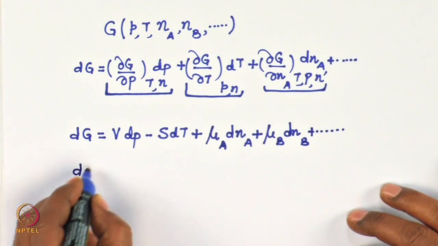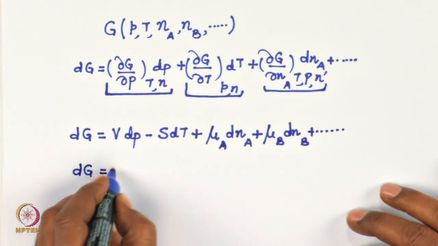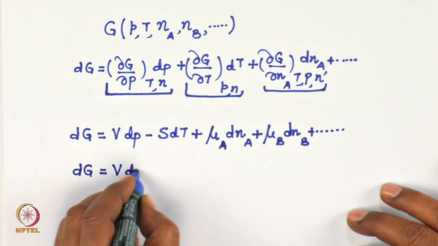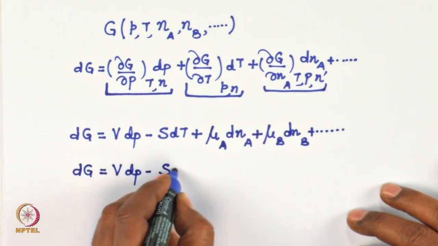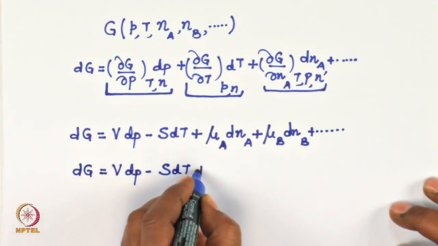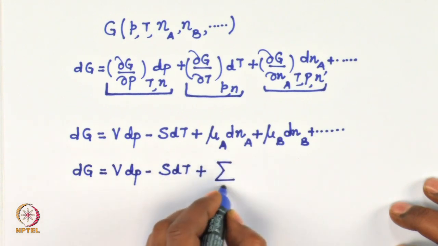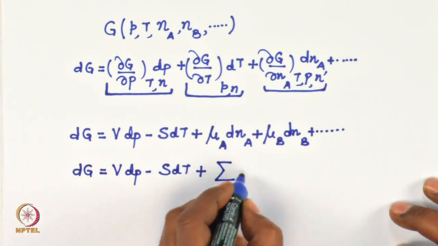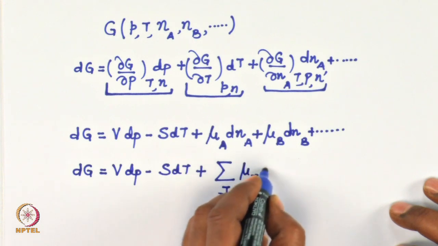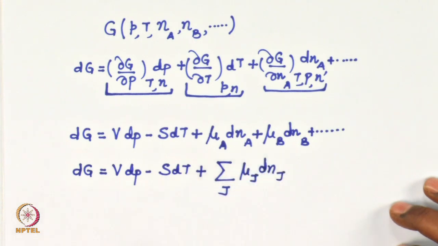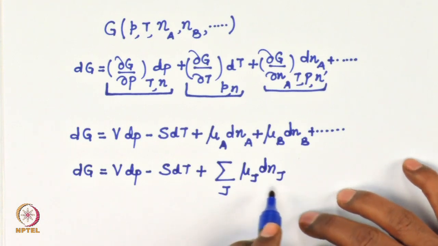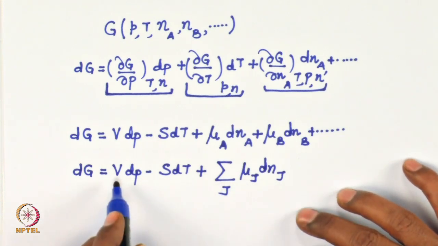I can further write this as dG is equal to V dP minus S dT plus, let me now write all this in the form of summation over J of mu J dnJ. And I recover my definition of chemical potential again from this equation.